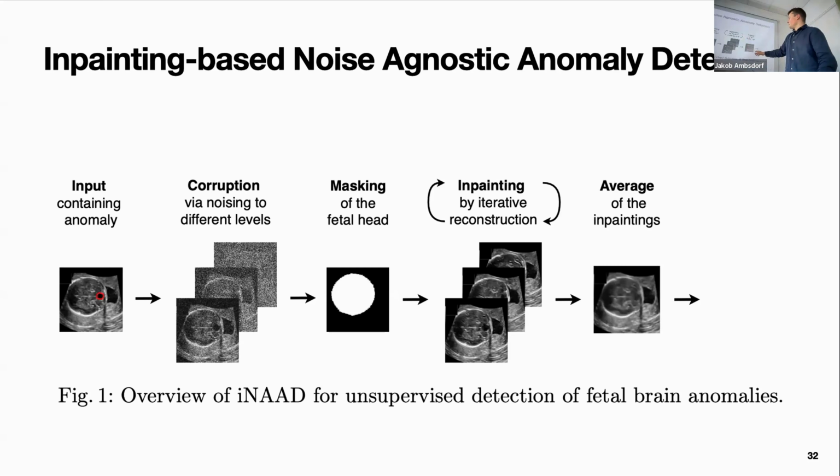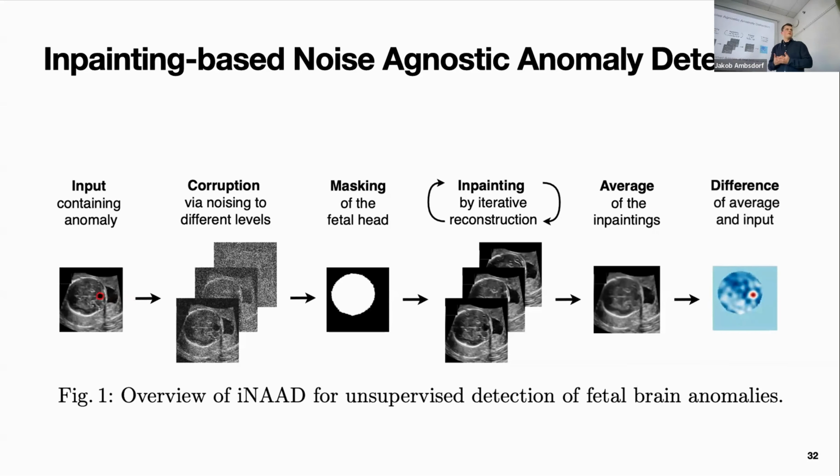Then you can take the average of all of these in-paintings and compare that to your original input. You can, for example, make a difference map, where you can see which areas are the most different. This is a nice example where you can see a highly localized change, which gives you some interpretability of why something is an anomaly.